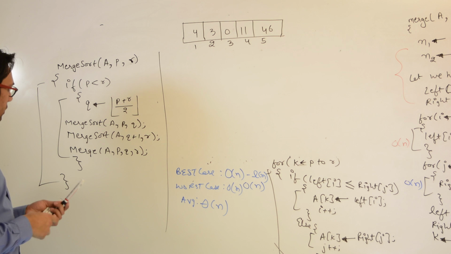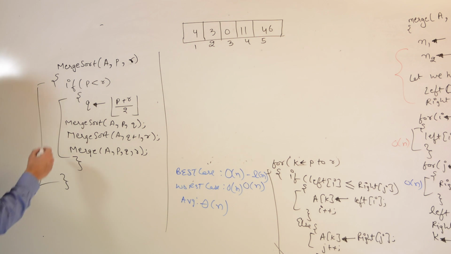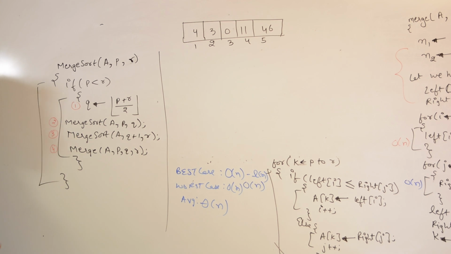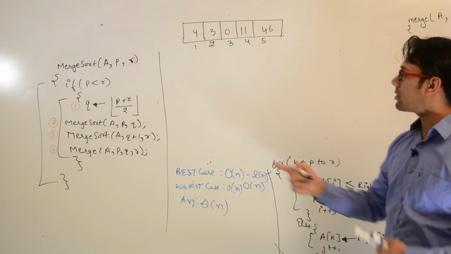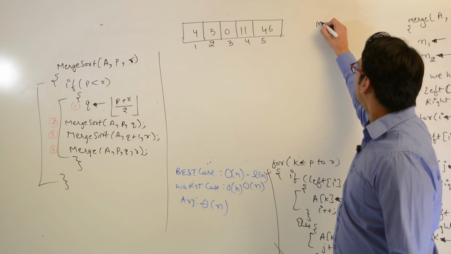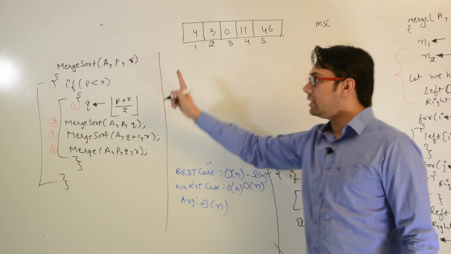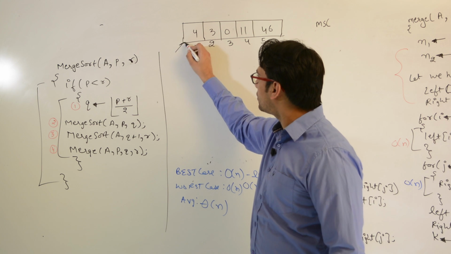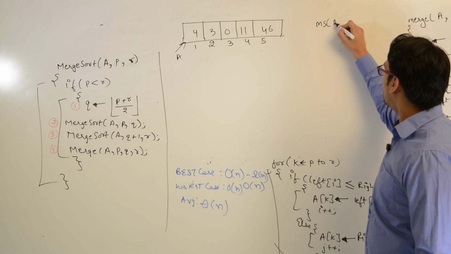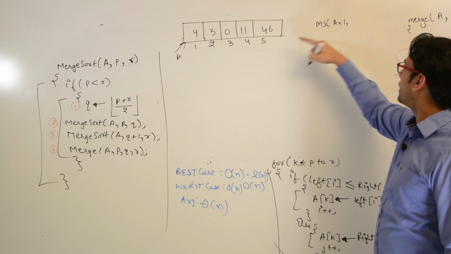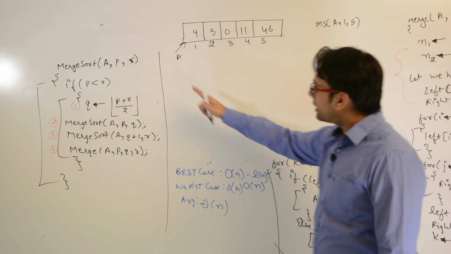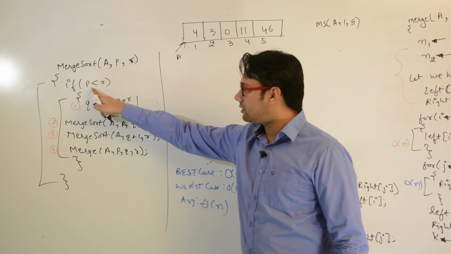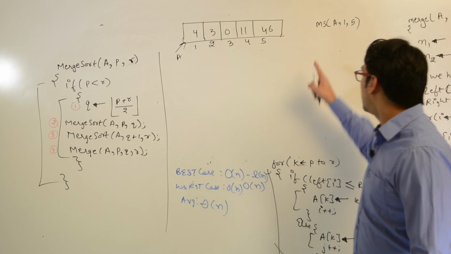Let us number these lines: line number 1, 2, 3 and 4. Initially we are going to call the procedure merge sort on A P R. That means we are going to pass a reference to this array A, where P is 1 and R is 5, that is merge sort A 1 5. Then you can see the if condition: if P is less than R, is P less than R?